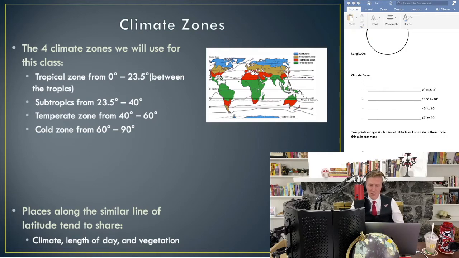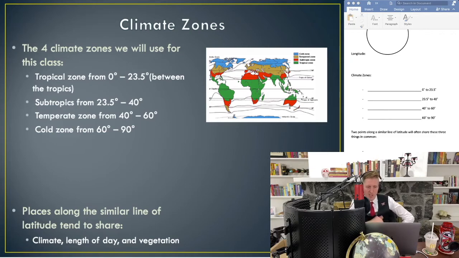Now, something you'll notice whether we're talking about the north or the south hemispheres of the Earth is that if you live along 2 similar lines of latitude, you tend to share 3 important things. We've got climate, length of day, and vegetation. What I mean by that is, looking at this map up above me, see the red areas that are kind of like in Mexico and North Africa, parts of the Middle East and Eastern Asia.